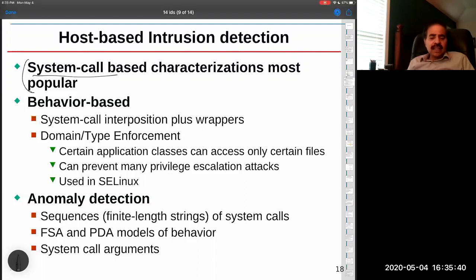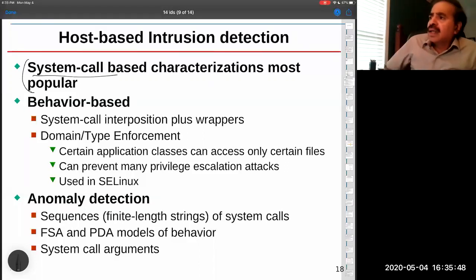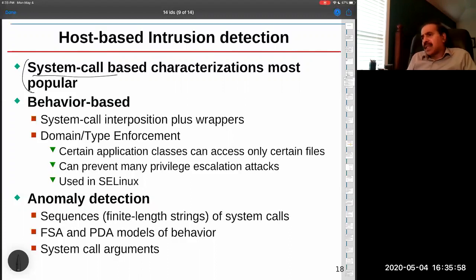Host-based IDS are configured to make use of some subset of system calls. So for instance, typically you're interested in things like exec and fork and so on. Second to that, you're interested in system calls like open and connect and accept and so on.